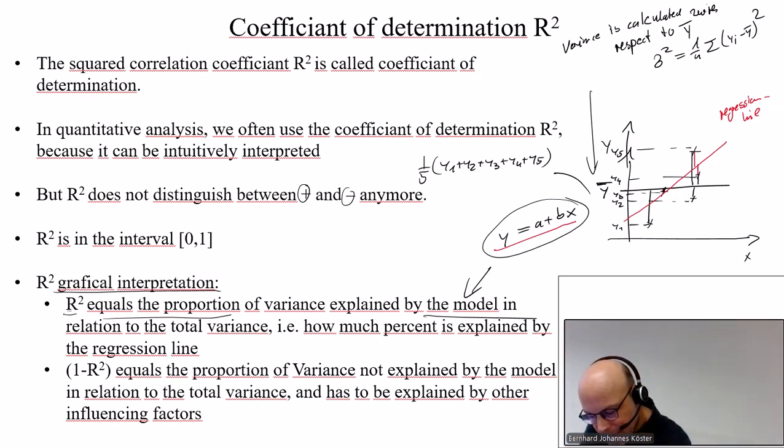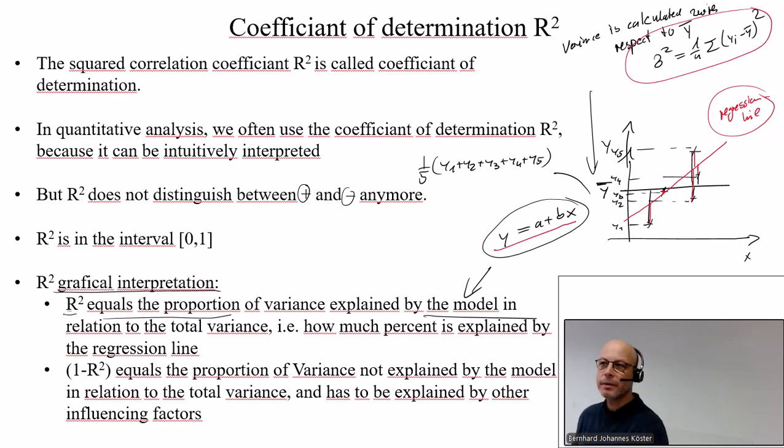Here we have almost the same. Here we have a decrease, and here we have also a decrease. But in general, we can say now the summed squared distance with respect to the linear line is lower than our variance calculated with respect to the mean.